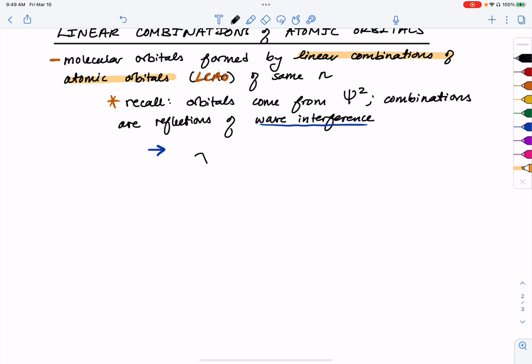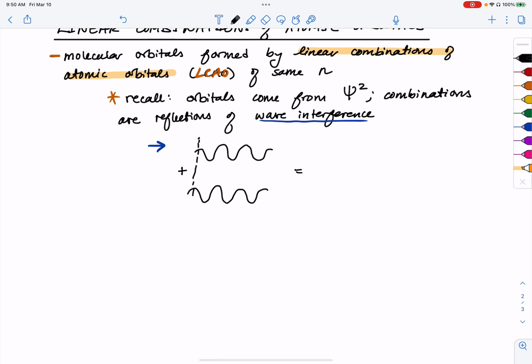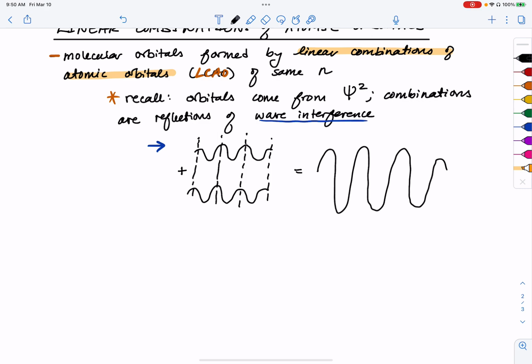We had constructive interference, where the amplitude of our resultant wave was increased as a result of our waves being in phase with one another, meaning that for every peak there was a peak and for every valley there was a valley. So this will generate something like this.